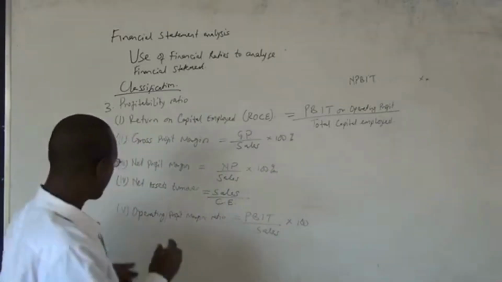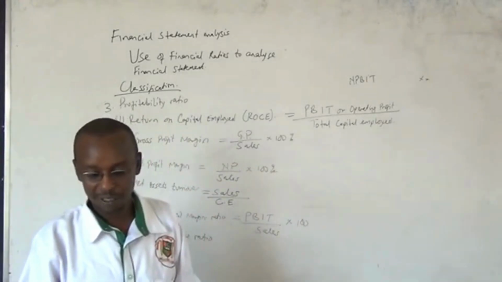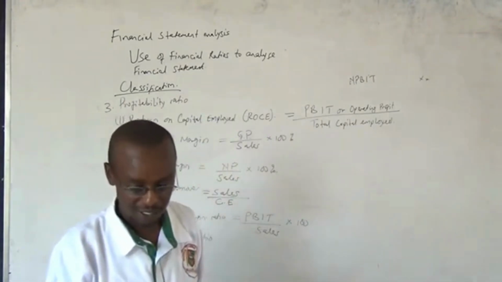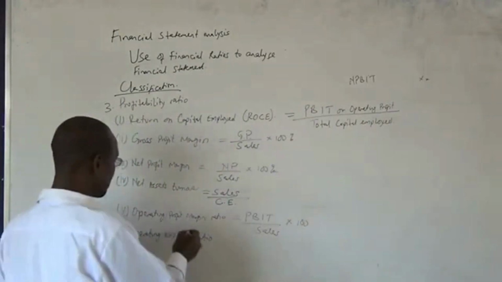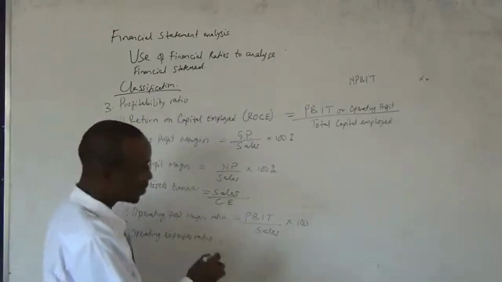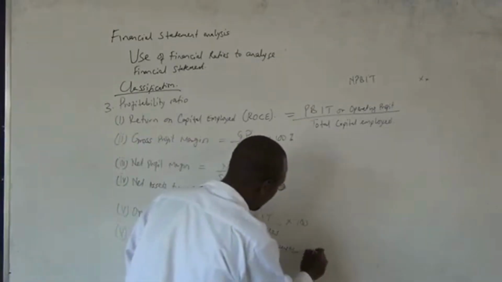Then we have operating expense ratio. It indicates the firm's ability to control production and operating costs to generate a given level of sales. So operating expenses ratio is given by operating expenses divided by sales times 100%.